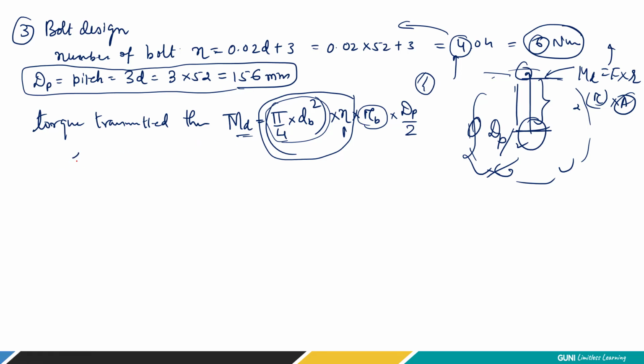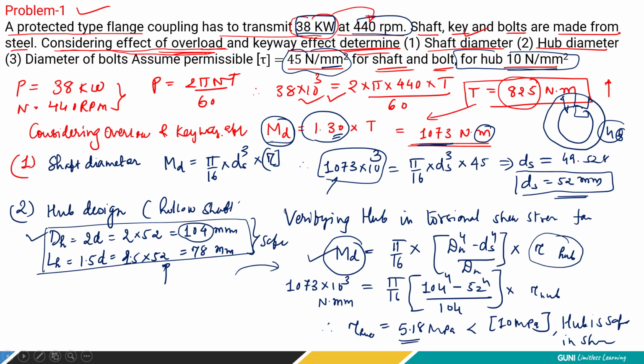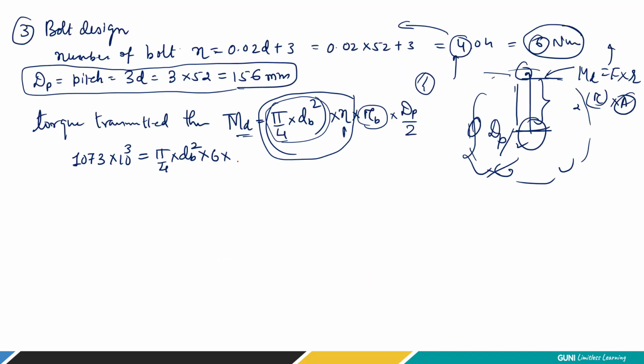Now let's put the values: 173 × 10⁻³ = π/4 dB² × number of bolts, which we have taken as 6. The shear stress value given for shaft and bolt is 45, so we take 45, right?